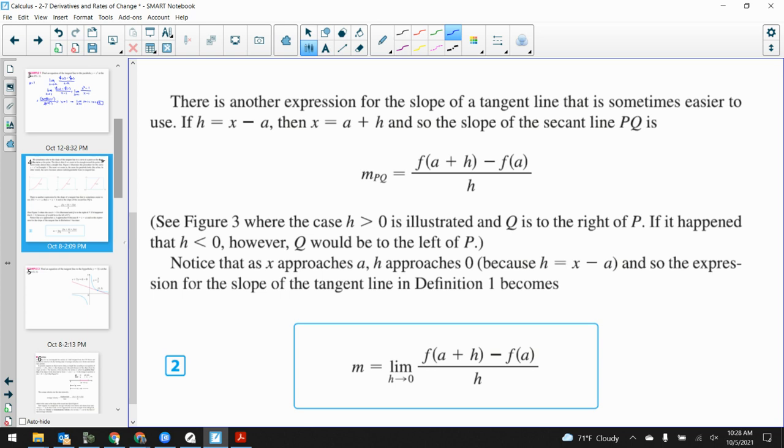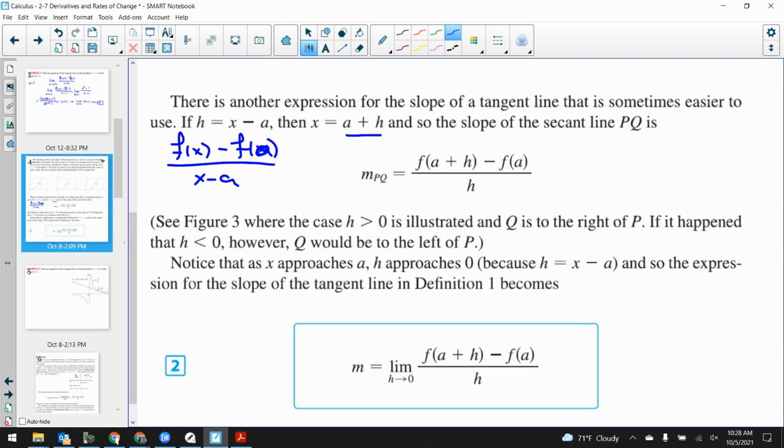Okay, so if I say h is my x minus a, then look what I can do. I add the a over to the other side, and I get x is equal to a plus h. So I can rewrite my other formula. I can do the whole f of x minus f of a over x minus a thing. And in place of x, I'm going to write a plus h.